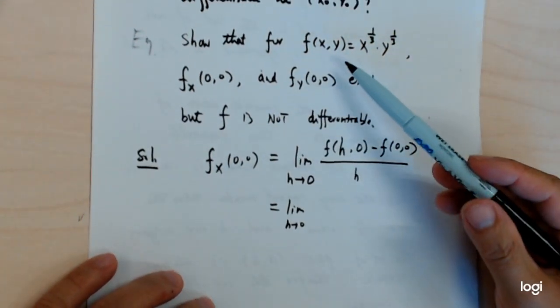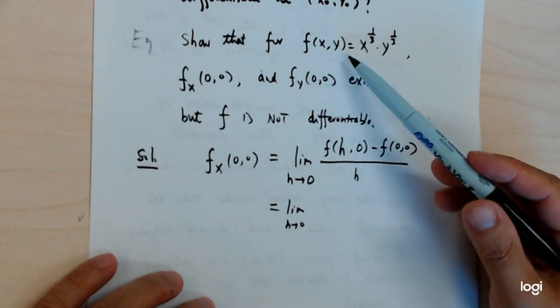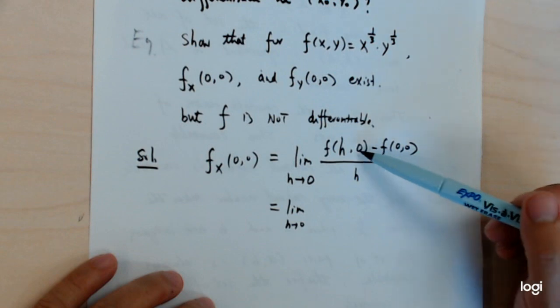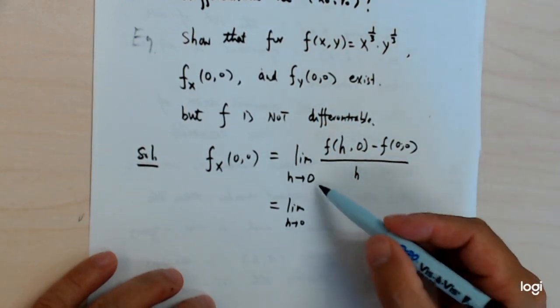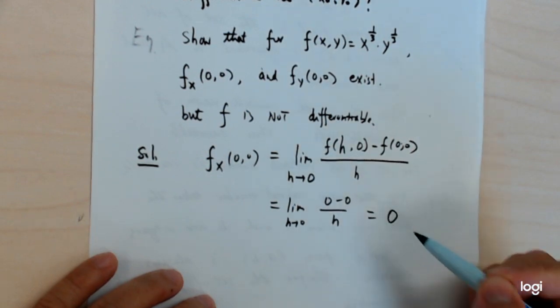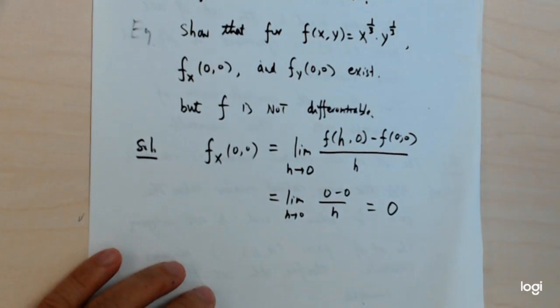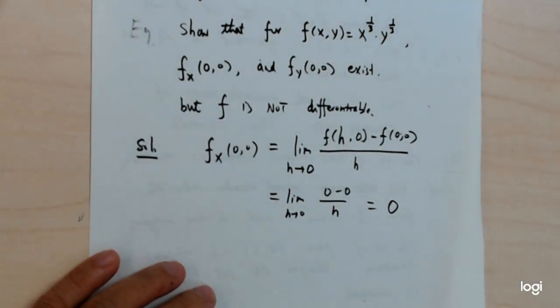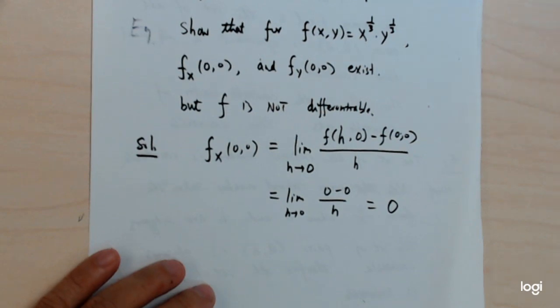Well, if this is f_x, if this is f of x, y, then actually both are zeros because the y value is always what? 0. So this partial derivative at (0, 0) is actually always 0. All right.